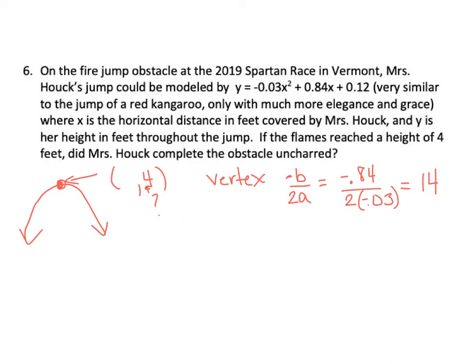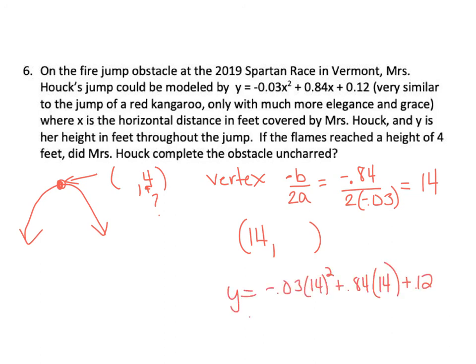When I plug in, I get an x value of 14, and I now have to plug in 14 for my x to get my y. When I do that, I get y equals 6. So if this is the vertex, she reached a height of 6. That means she would have made it over the flames without being charred.